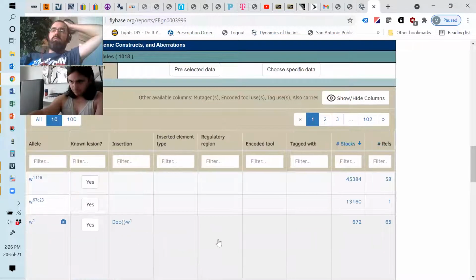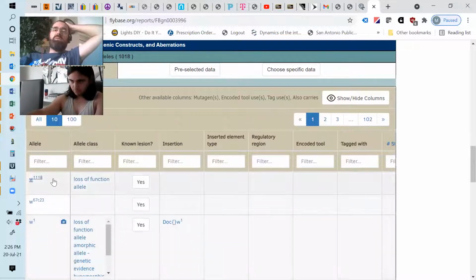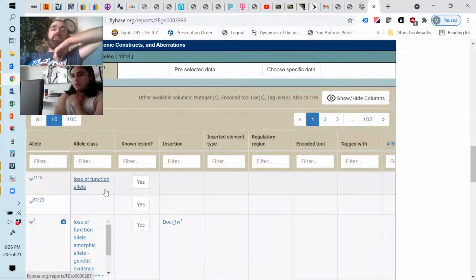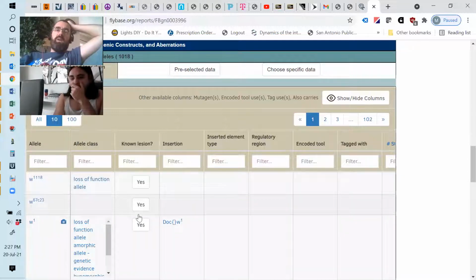So the most commonly used allele is this one, W1118. And it tells you that's a loss of function allele. So if you remember back to when we were talking about different types of mutations, this particular allele is a mutation which gets rid of all function.